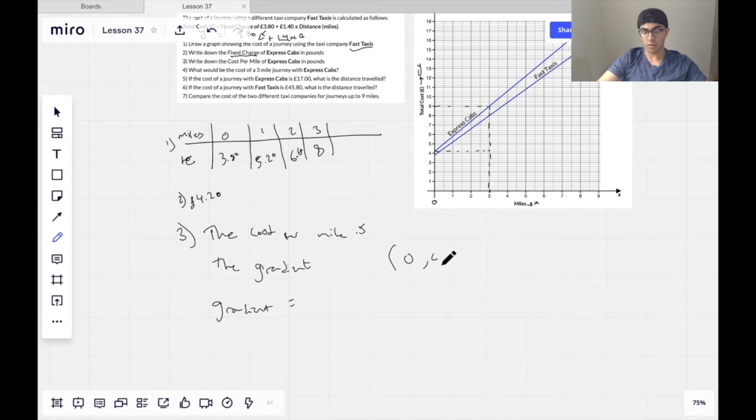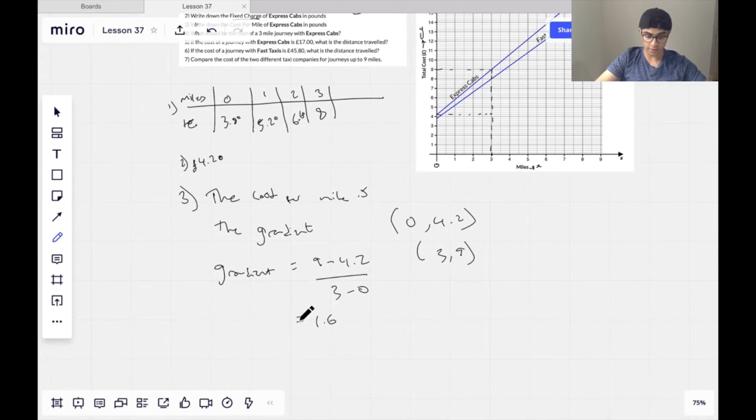We have 0 and 4.2, and then we have 3, 9. So change in y is 9 minus 4.2, divided by 3 minus 0, which is 1.6. And then you should put this in words at the end.